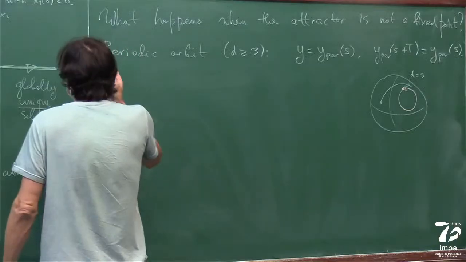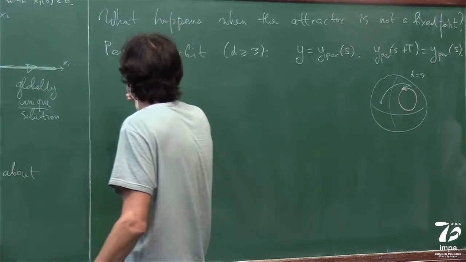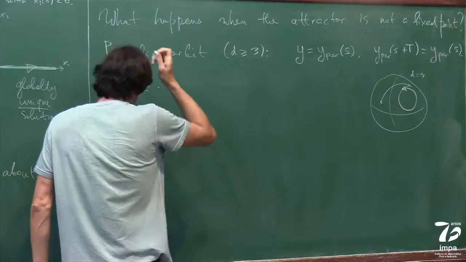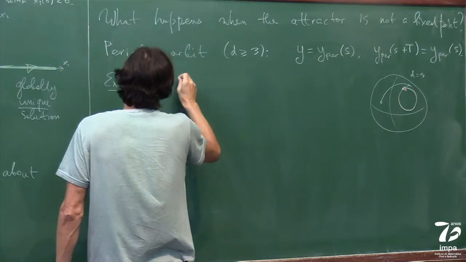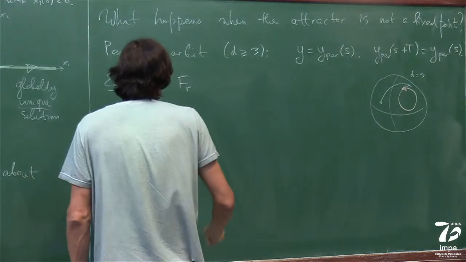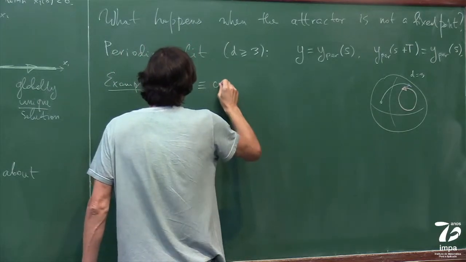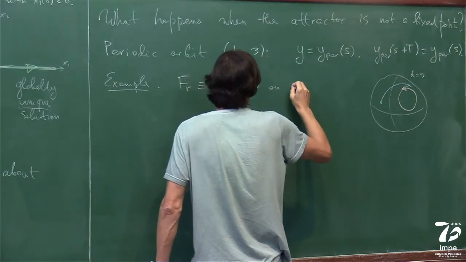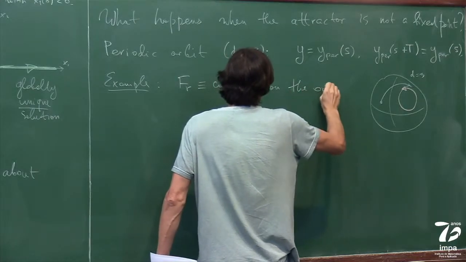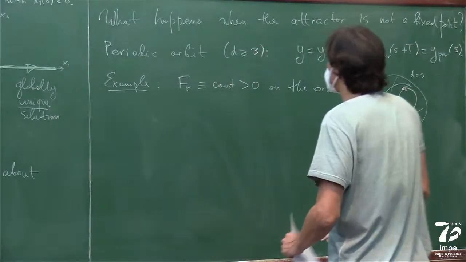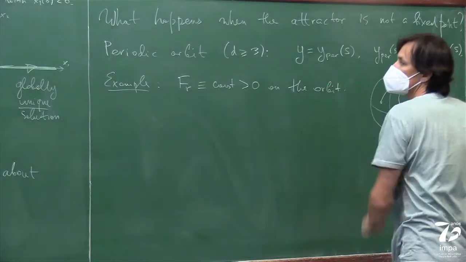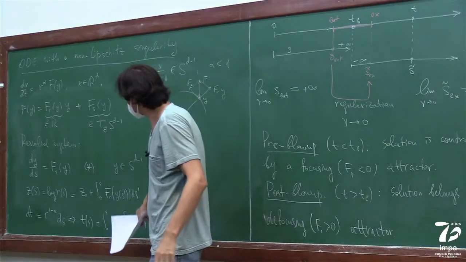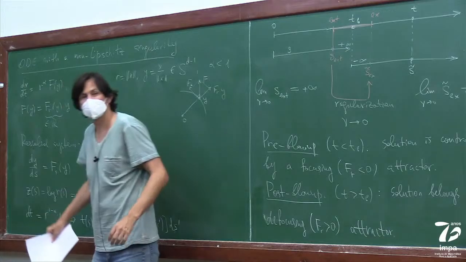We can actually make a complete computation in an example, where we simplify the situation. Let's take Fr to be constant, which is positive on the periodic orbit. In this case, we can make all computations explicitly, so we can find how z depends and how t depends on s.